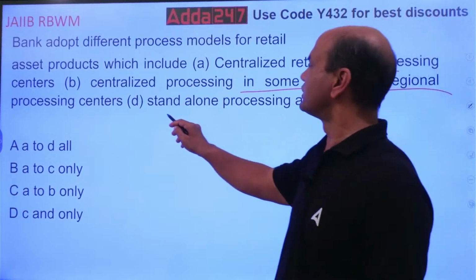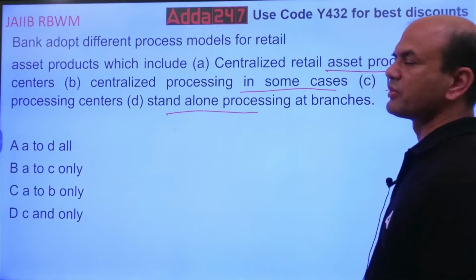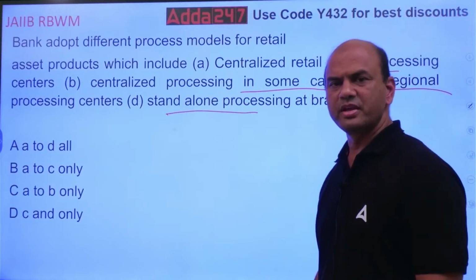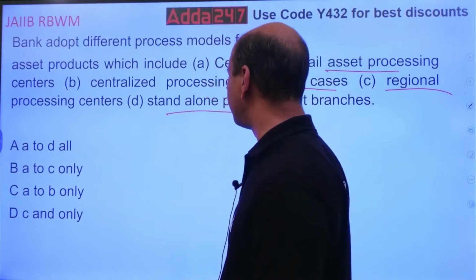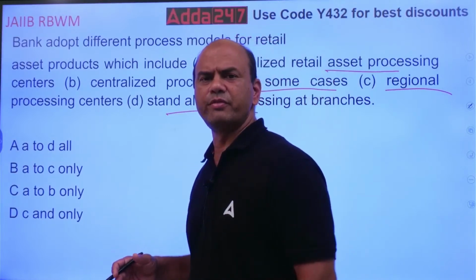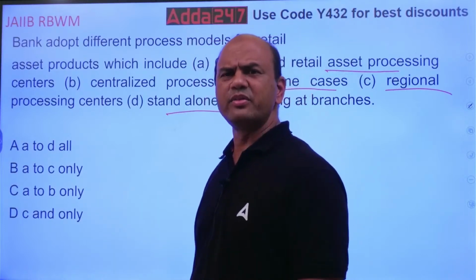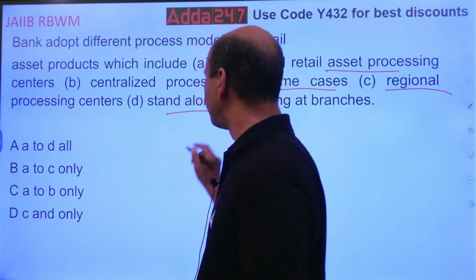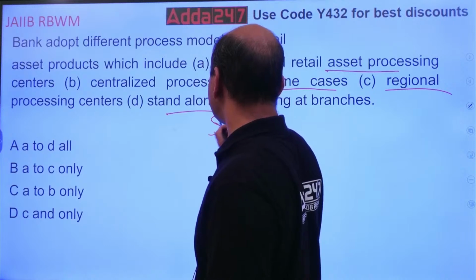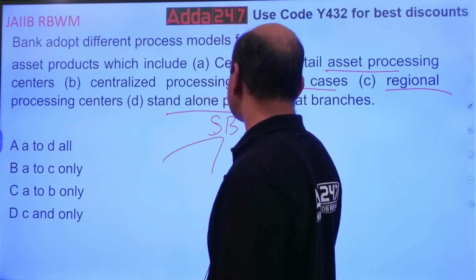Standalone is one model, and all these A, B and C are roughly the same. Why? Because it depends on bank to bank. If some bank is very big, like SBI, will it have a single processing unit? No, it can't. It will have various regions, right?